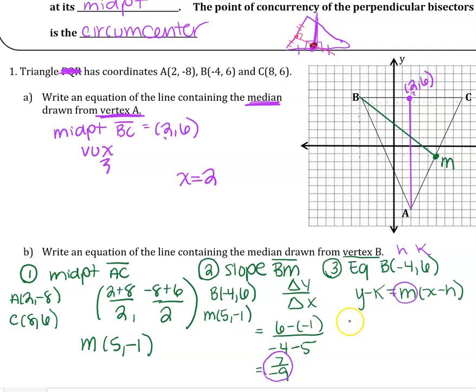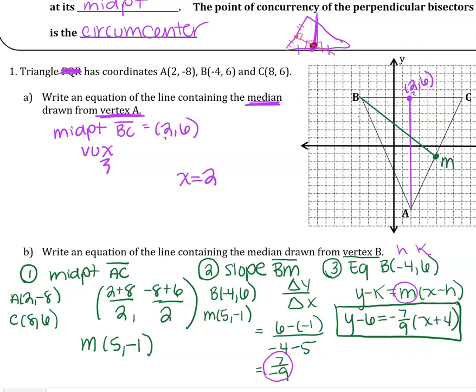Okay, so I have y minus 6 equals -7/9 times x plus 4, and you're done. You do not have to simplify that. This is your answer in point slope form, and that's the equation of your median.